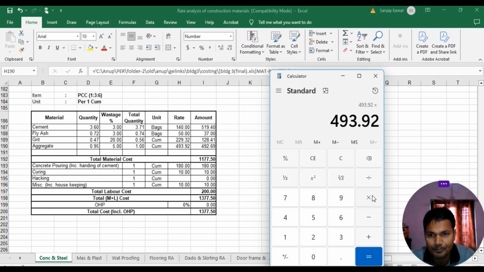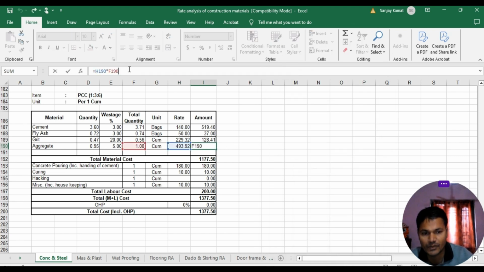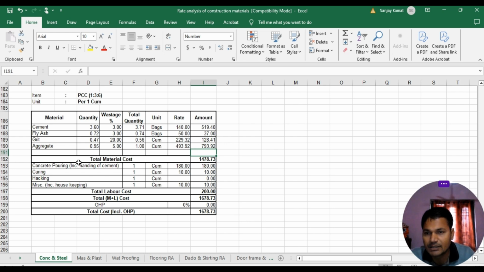If we multiply 493.92 with 1, then this will be the same value, so there is a mistake in this and we have to edit this value. 493.92, okay, same value we have to write.